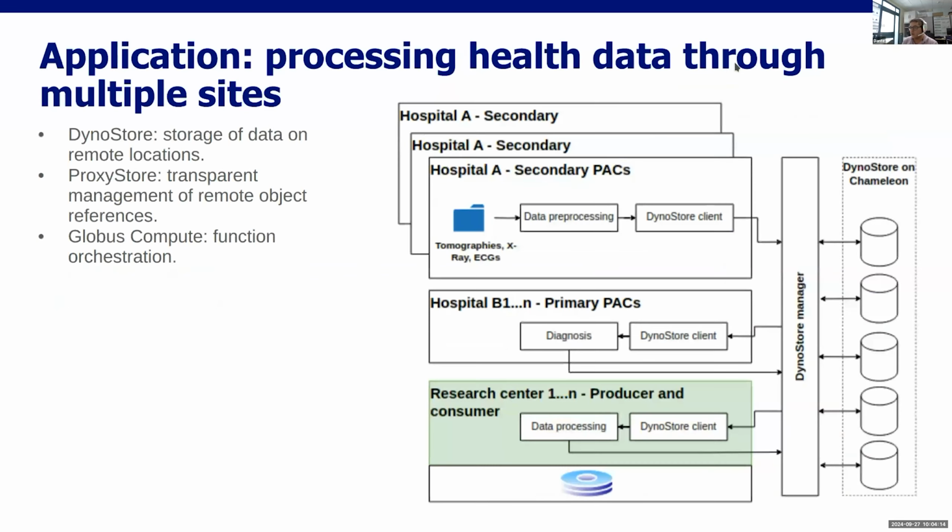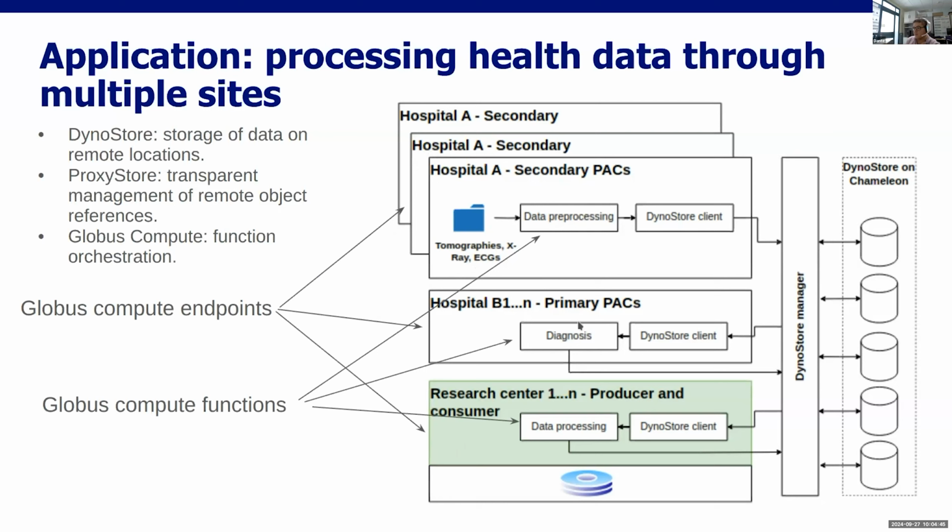So here there is an application that was developed with this system. We have a storage layer that is managed by DynoStore. We have different organizations that are producing and sharing data using DynoStore, and we have different applications to process data. The infrastructure available at each organization is managed using Globus Compute endpoints.